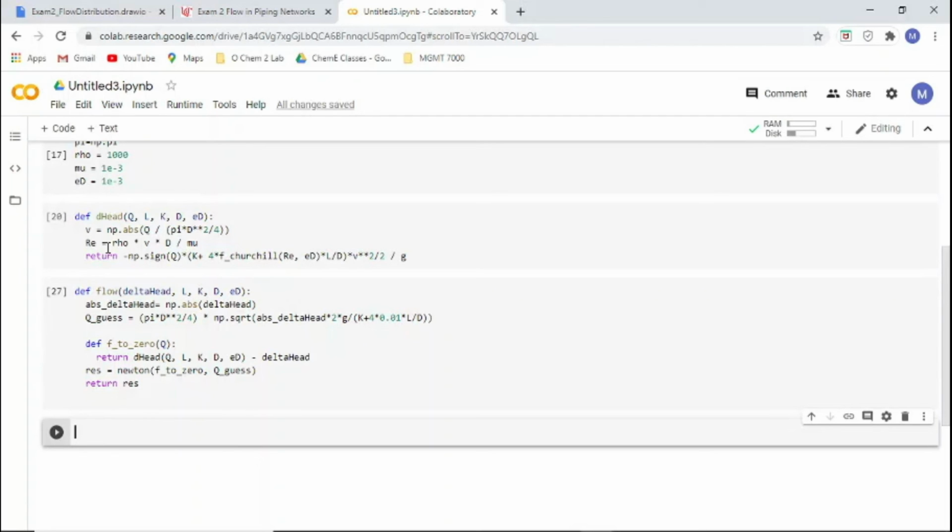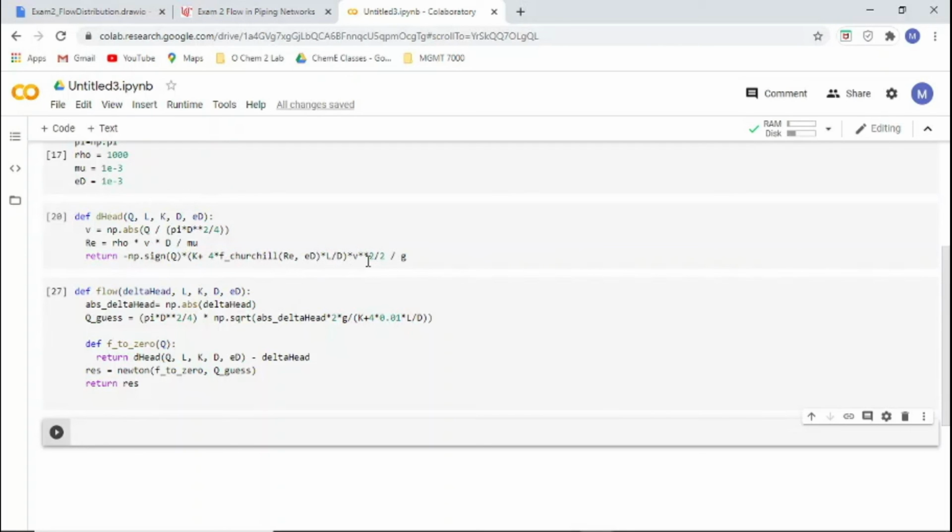And then the other pitfall that we've discussed so far is incorporating the sign of our flow rate in here, because when you calculate Q and we get our velocity, we end up plugging our velocity into this equation, but we square it.